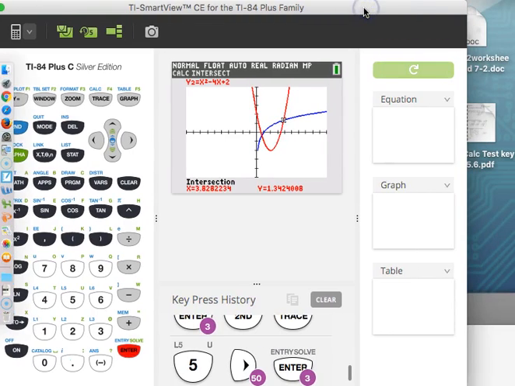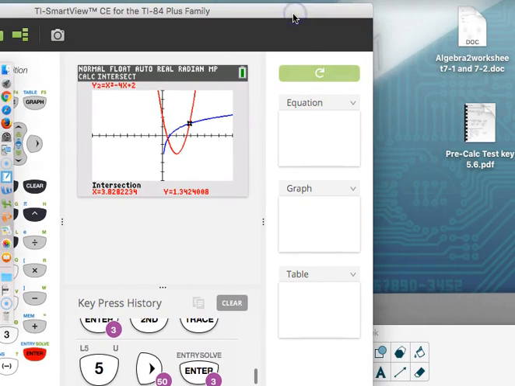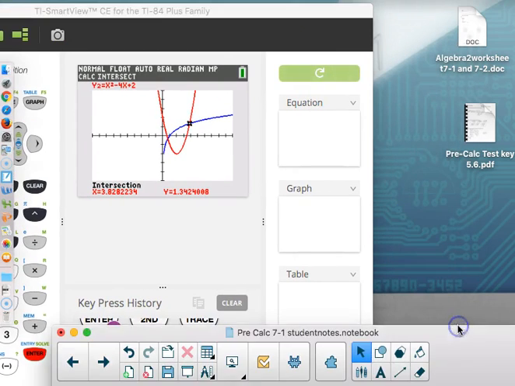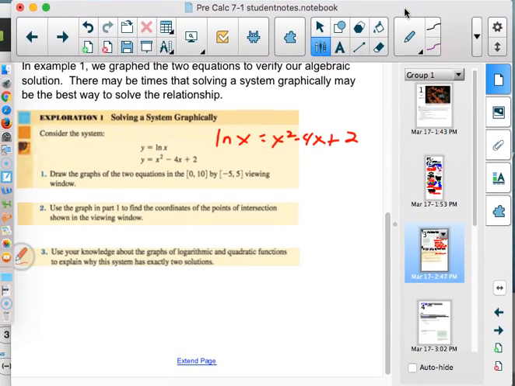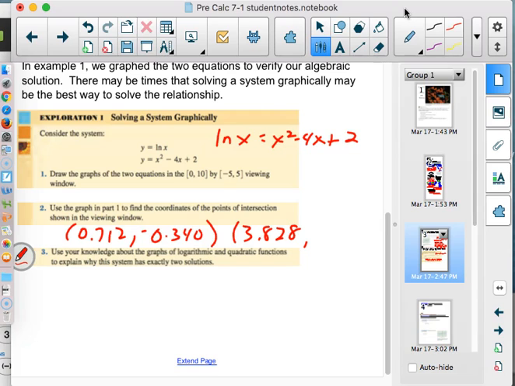So that's what we would want to write down in our notes packet. So let's see, our intersections were 0.702, negative 0.340, and then we had 3.828, and 1.342.